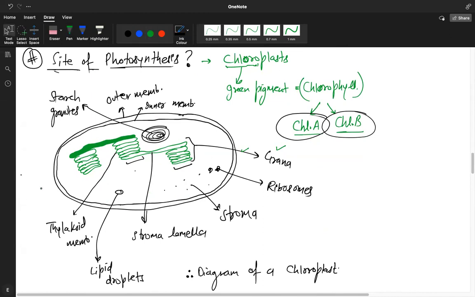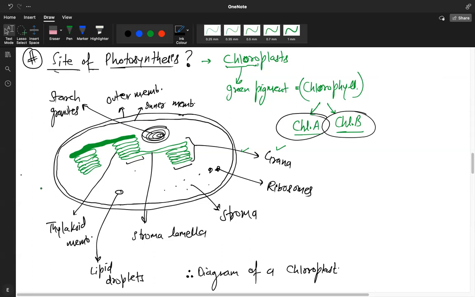Now, if on the inner side of the membrane this water splitting is happening, then where are protons and oxygen released? In the lumen or on the outer side of the membrane? Outer side?